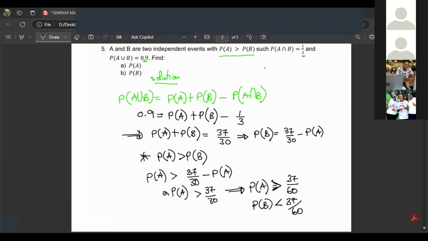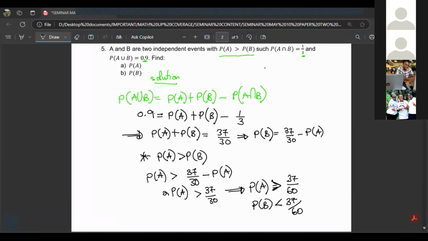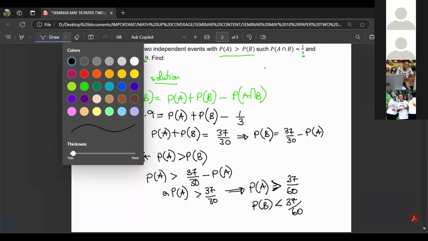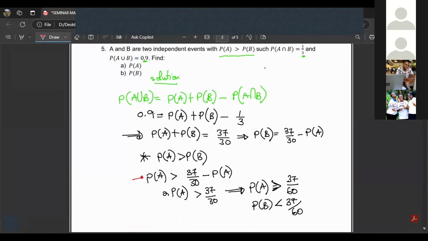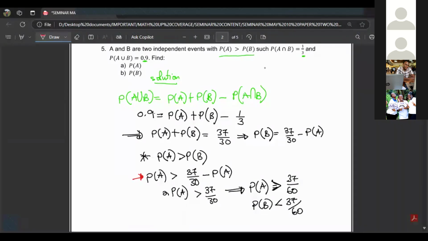So we had to express the probability of B in terms of the probability of A. That's how we have 37 over 30 minus the probability of A. And then our condition is giving us that the probability of A must be greater than the probability of B. So using this condition, I substituted for the probability of B, and it gives us the probability of A is greater than 37 over 30 minus the probability of A. Then I collected like terms to get 2 times the probability of A is greater than 37/30.